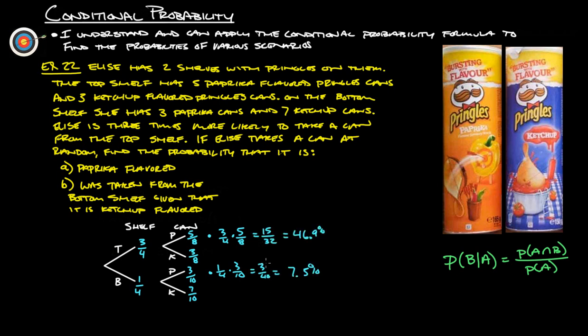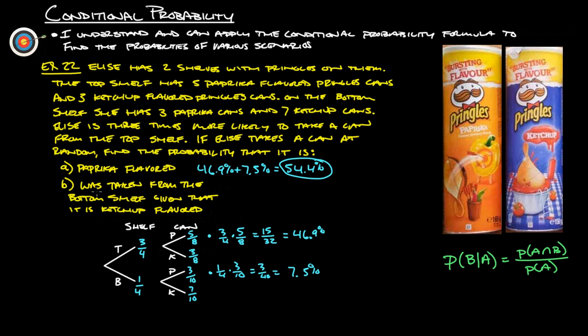So I calculated these out, and we get 46.9% for taking a paprika flavored can from the top shelf and 7.5% for getting a paprika can on the bottom shelf. So if we add those two together, 46.9% plus 7.5%, that's going to give us 54.4% chance.